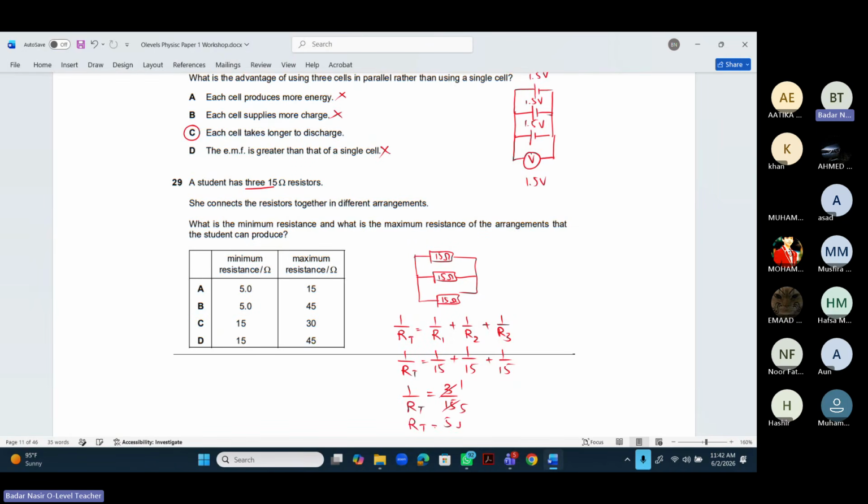So that gives us 5 ohms. So minimum resistance is 5 ohm. Maximum है कि तीनों को सीरीज में इकट्ठा कनेक्ट कर दो. 15, 15 और 15 ऐड हो जाएंगी. And okay, it is 45 ohm. So the correct answer is B.